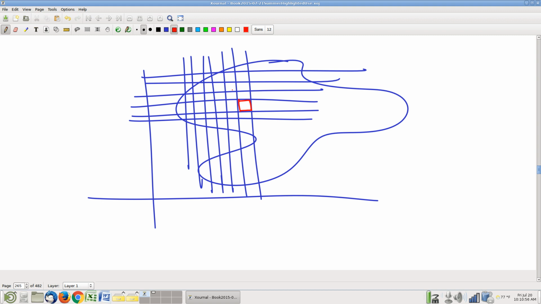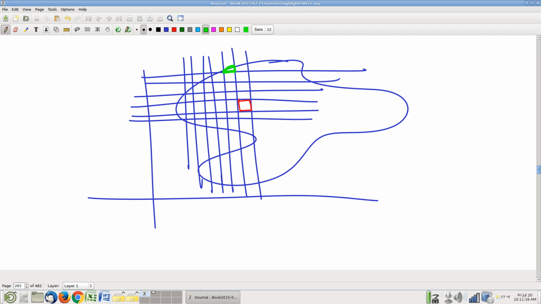Now, there are a few annoyances to deal with. I claim that they go away. One of the annoyances is that if you look at these pieces over here on the edge, that's not a rectangle. So what do you do with that? Well, there's a little problem over there.